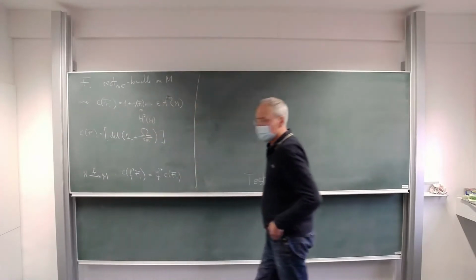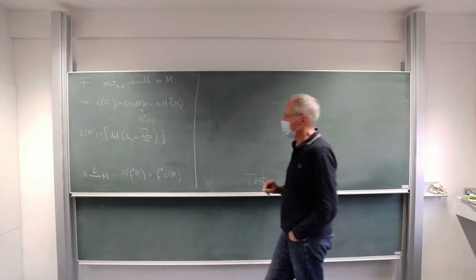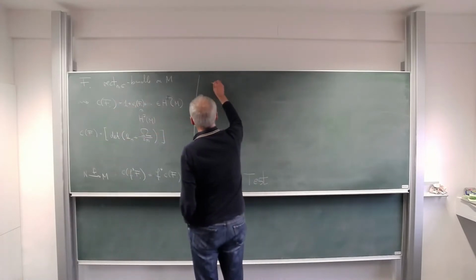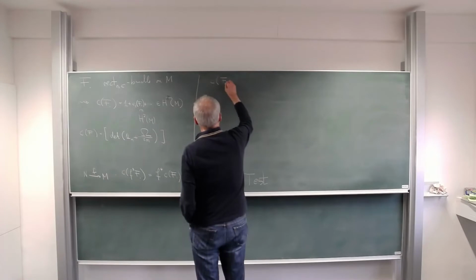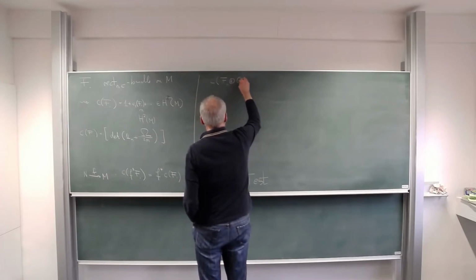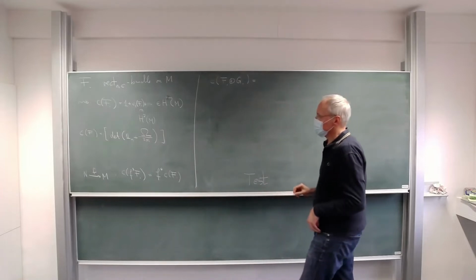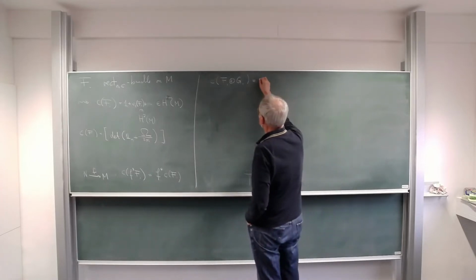But the Chern class has some special properties that distinguish it from other characteristic classes, namely when it comes to the direct sum of bundles. So if you take the direct sum of two bundles, then the Chern class has the very nice property that the Chern classes multiply.